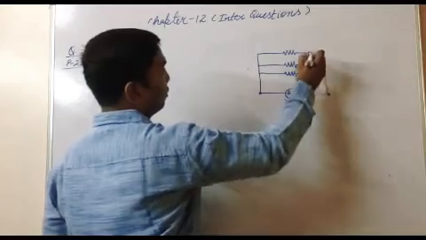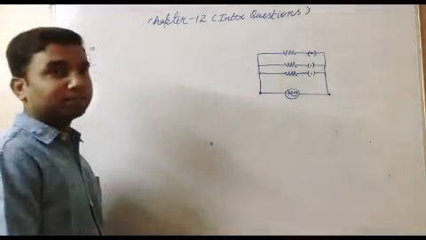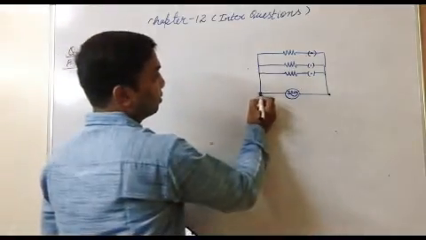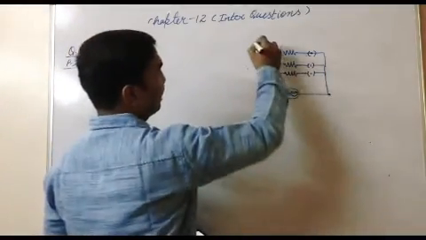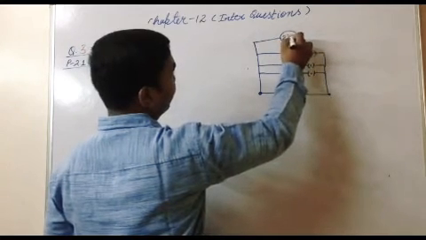Now, you tell me what is the potential difference across all the devices. If 220 volt is acting, then every device is getting 220 volt.